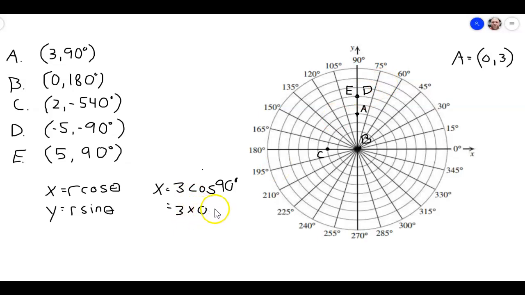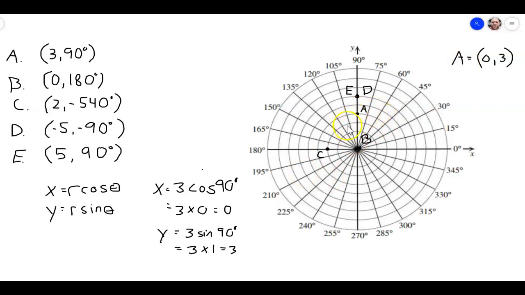Times 0, which is just equal to 0. So sure enough, we get 0 for x, and then y is equal to 3 times the sine of 90 degrees, and the sine of 90 degrees is 1, so that's just equal to 3. So my x is 0, my y is 3. Sure enough, that's what it looked like.